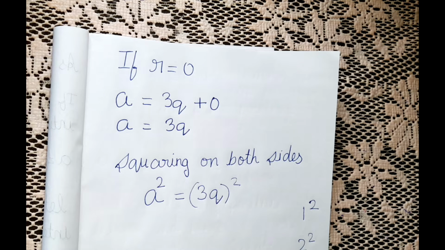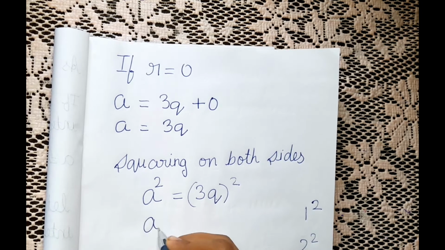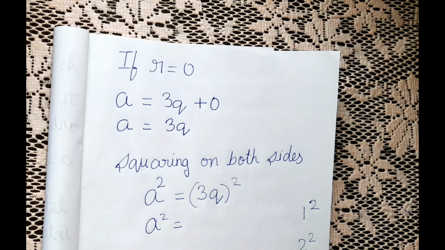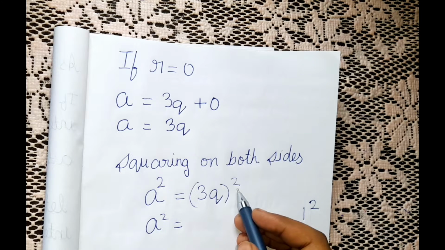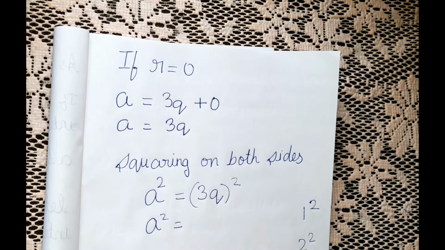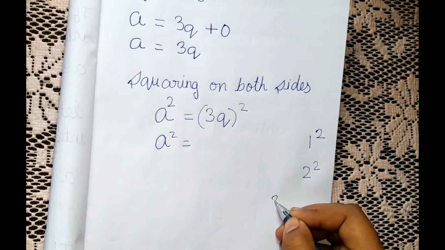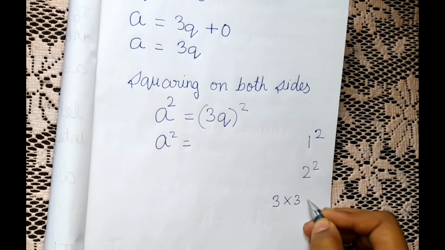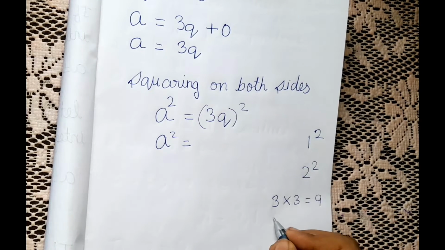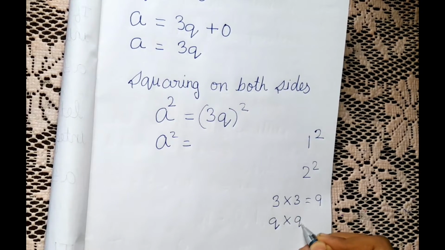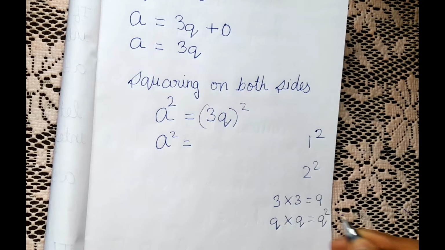Now let's simplify it. So a square is equal to, so here this 2 belongs to 3 as well as q. Am I right? So what we are going to do is, 3 into 3 is 9, and q into q, it is q square. Why did we write 3 into 3?